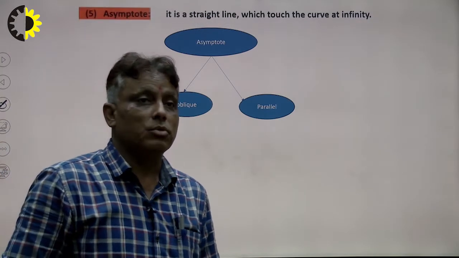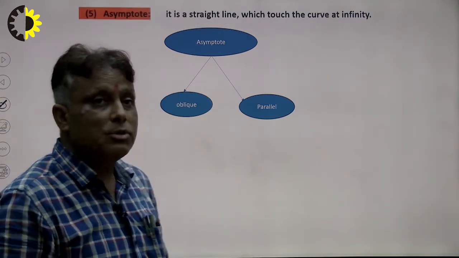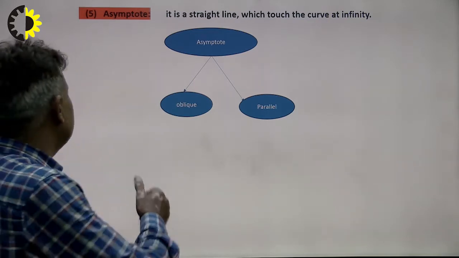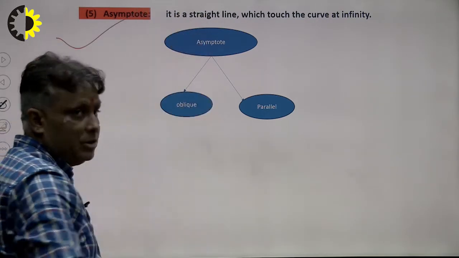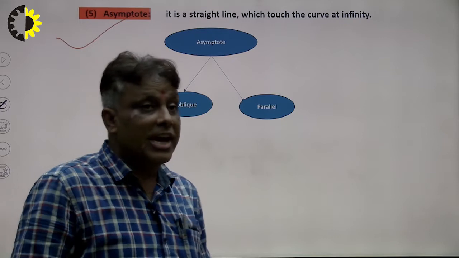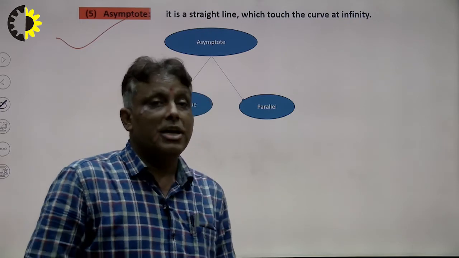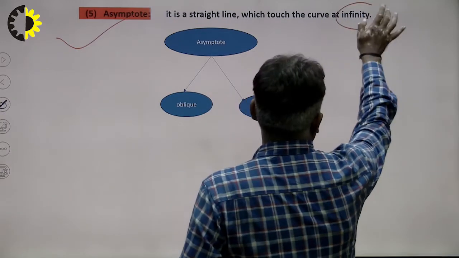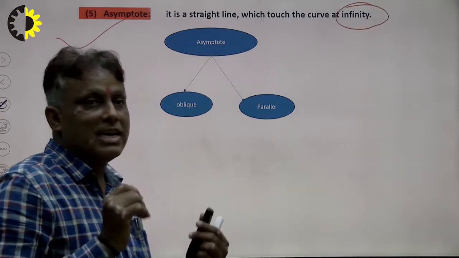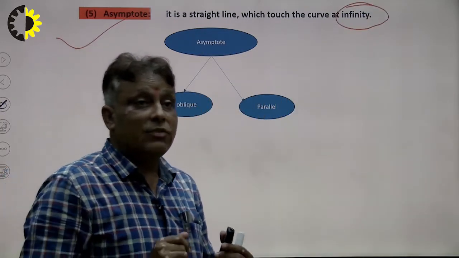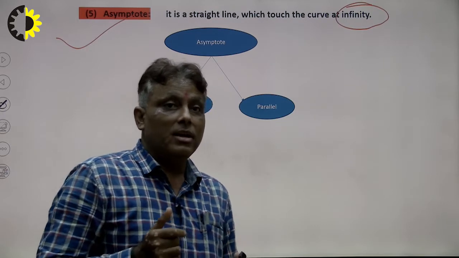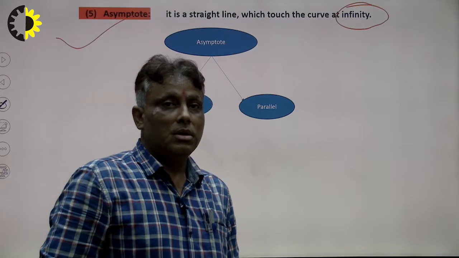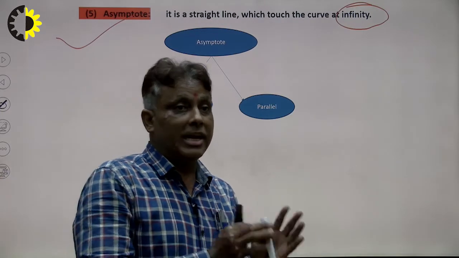Next is asymptote. What is an asymptote? An asymptote is a straight line which touches the curve at infinity. This is a very important point of the curve as well as in our engineering and technology. Students can say that infinity is never seen. I give an example: suppose a jet fighter flies over Nagpur, and I want to hit it from Delhi.